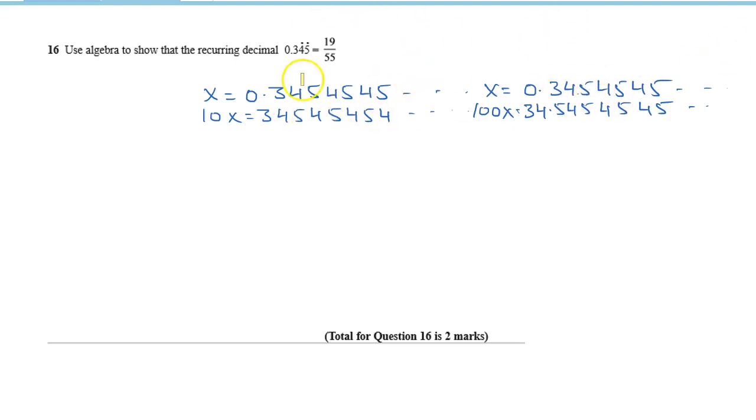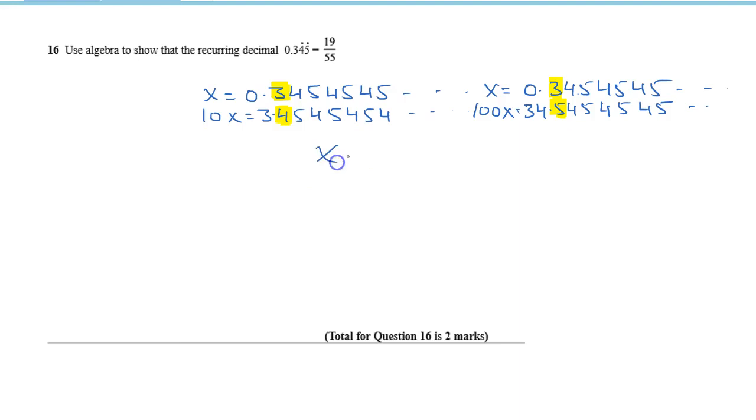Now what I can see here is that after the decimal, this is 3 and this is 4. They are not the same. After the decimal, this is 3 and this is 5. Here it is 3, this one is 4, this one is 5. So let me multiply it one more time.